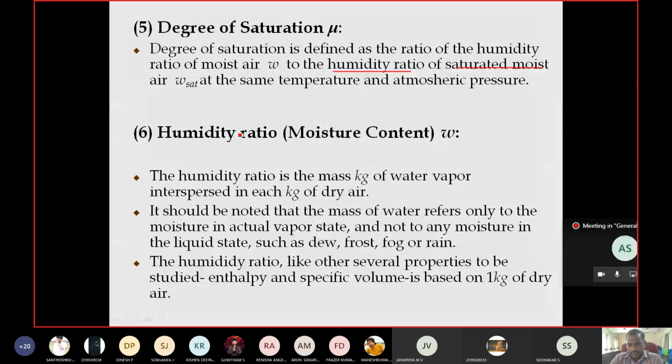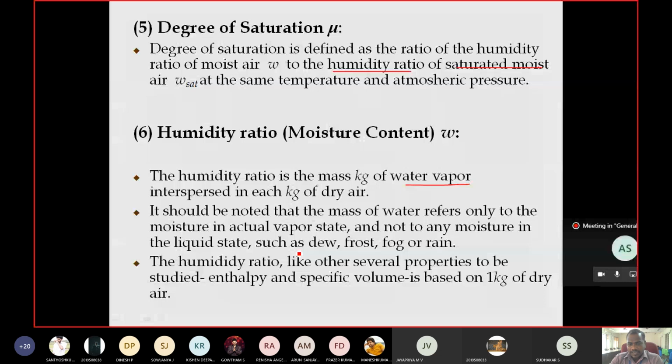So this is water vapor, not liquid water, right? It should be in the form of vapor and not any moisture in the liquid state like dew, frost, fog or rain. So during calculation of the humidity ratio, we need to take only the mass of the water vapor alone.